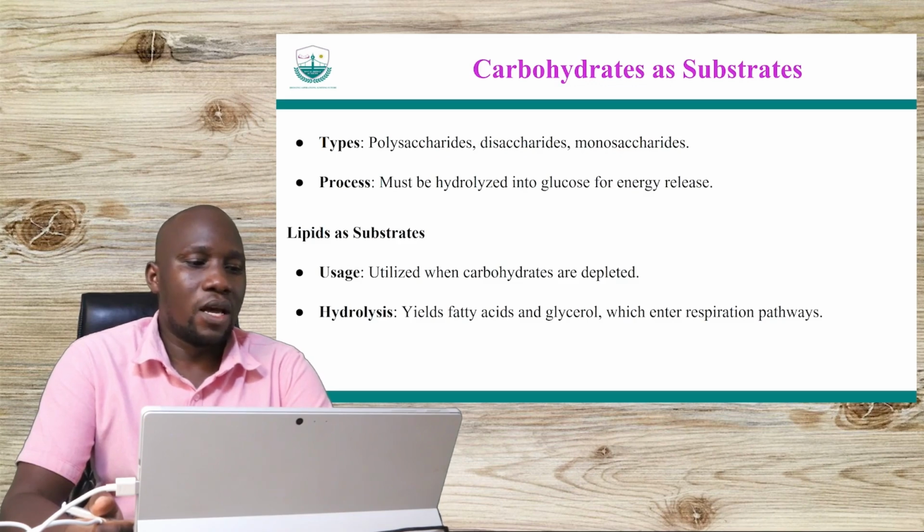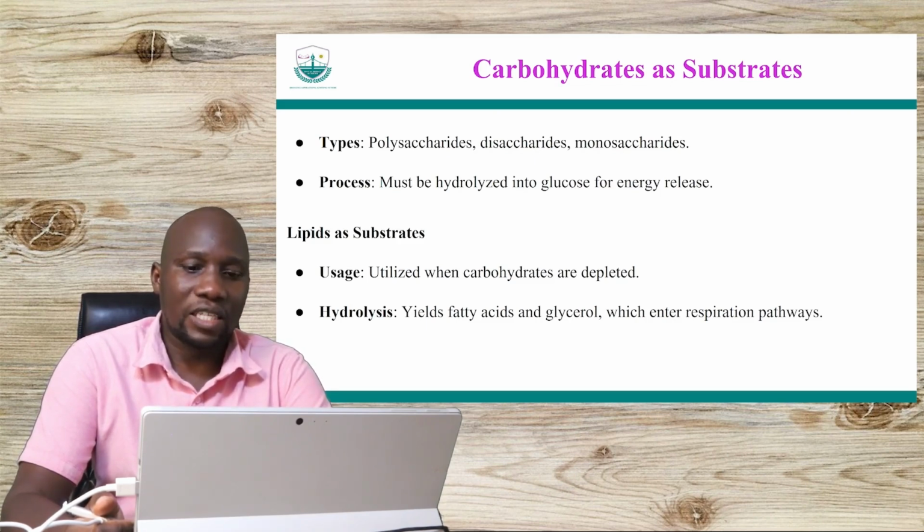So you can also break down lipids. Like we say, the lipids yield more energy. The hydrolysis of lipids gives you what makes up the lipids, and those are fatty acids and glycerol. And then these are the components that enter the respiratory pathway.